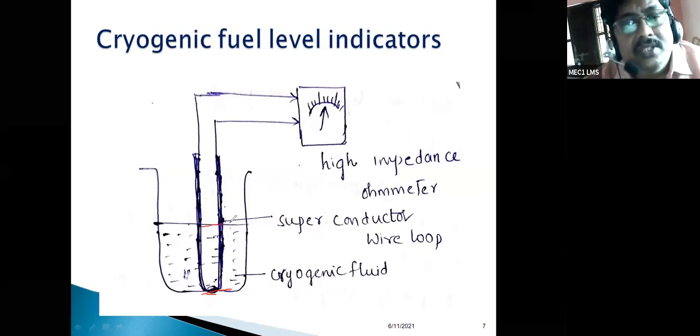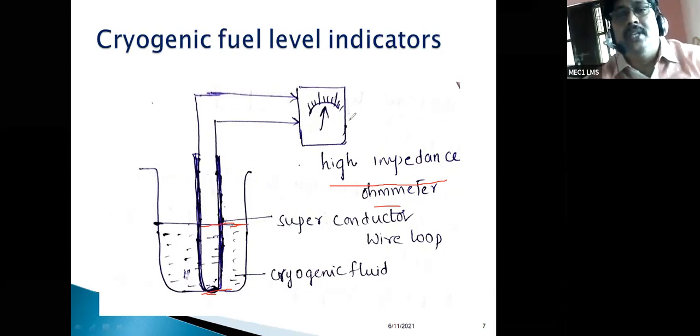Due to this fuel, there will be a change in the resistance of the superconductor wire, whether in liquid fuel or cryogenic fluid. That change in resistance will be indicated on the high impedance ohm meter, connected to the high impedance ohm meter. Here the impedance is nothing but resistance.